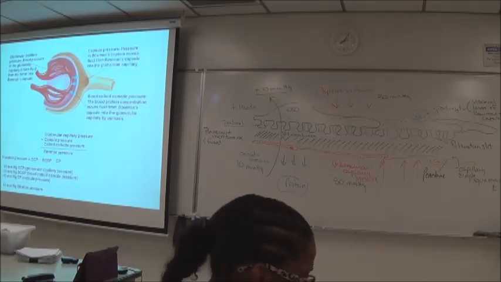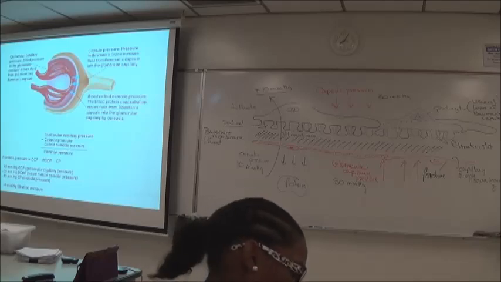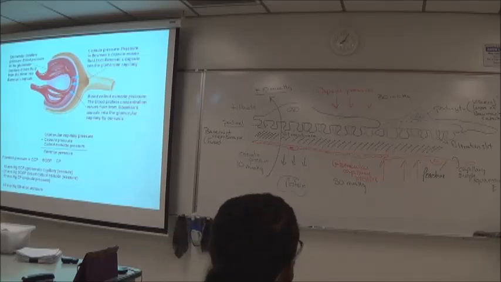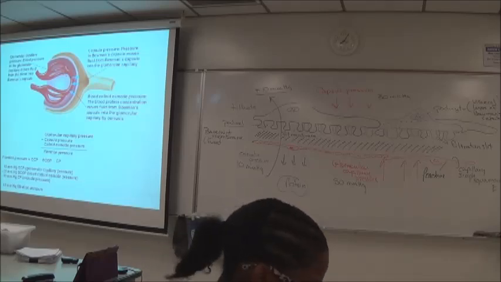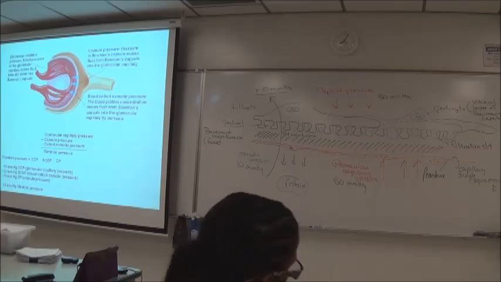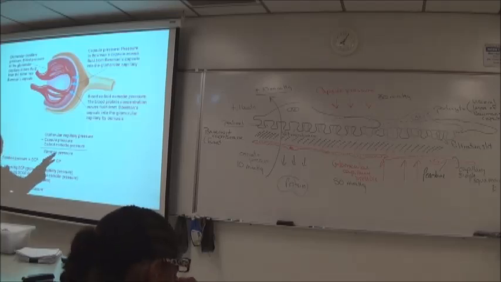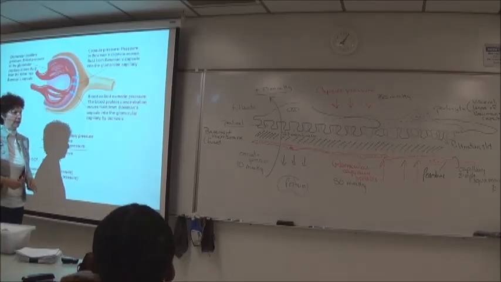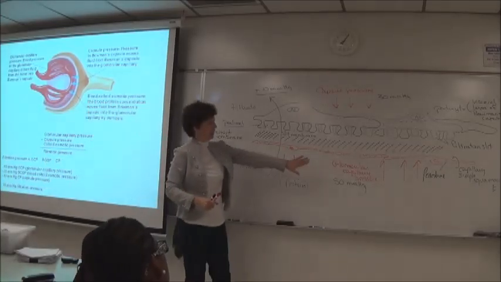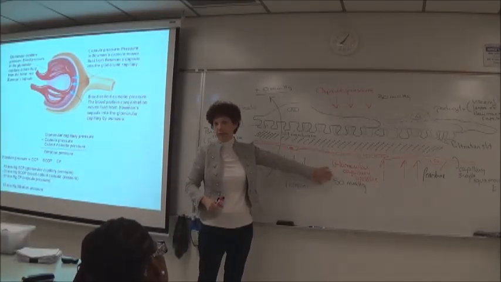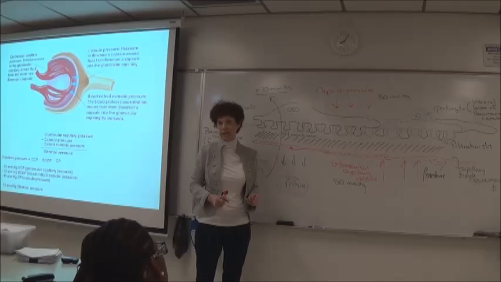Now, there's obviously things that can change this. Okay? So let's say that the usual blood volume, anything that lowers or raises glomerular capillary pressure is going to lower or raise our net filtration pressure. Okay? So that makes sense. Anything that changes blood pressure here is going to change our net filtration.